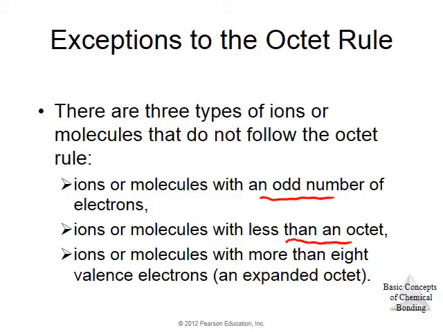Or you may have ions or molecules with too many electrons, in which case you'll have to break the octet rule for the central atom. Usually it's the central atom for which you break the octet rule, not the outer atoms. In most cases, outer atoms maintain the octet rule, other than hydrogen. Hydrogen can only have 2 electrons.